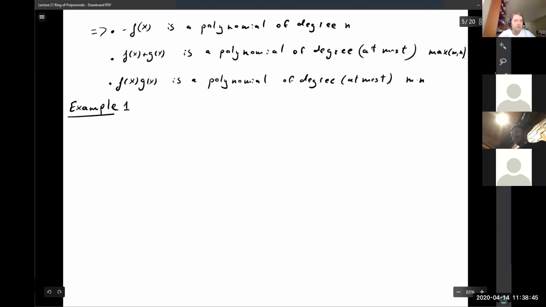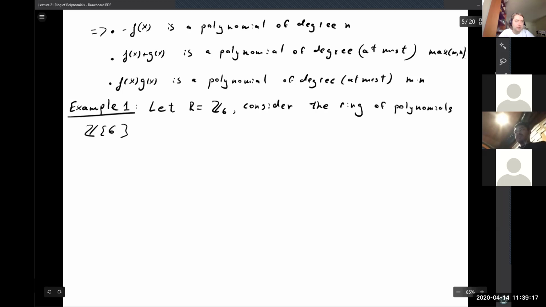So let's do example 1. Let R be the ring of integers modulo 6, this is Z6, and consider the ring of polynomials Z6 of x.